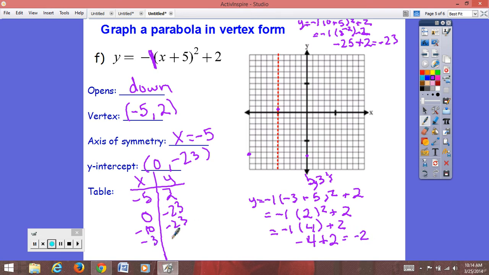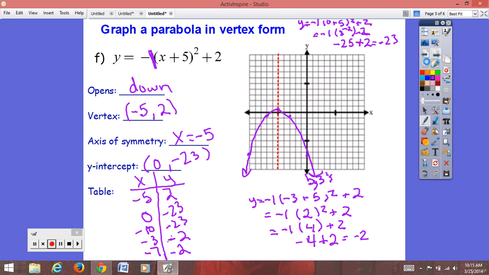So negative 3, negative 2, right above that line. Flip it over our axis of symmetry. Puts us at the point negative 7, negative 2. Now we go ahead and draw in our parabola, and there we have it.